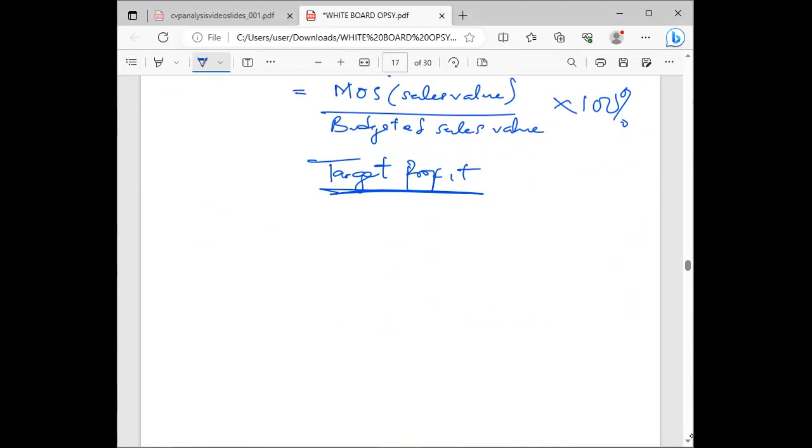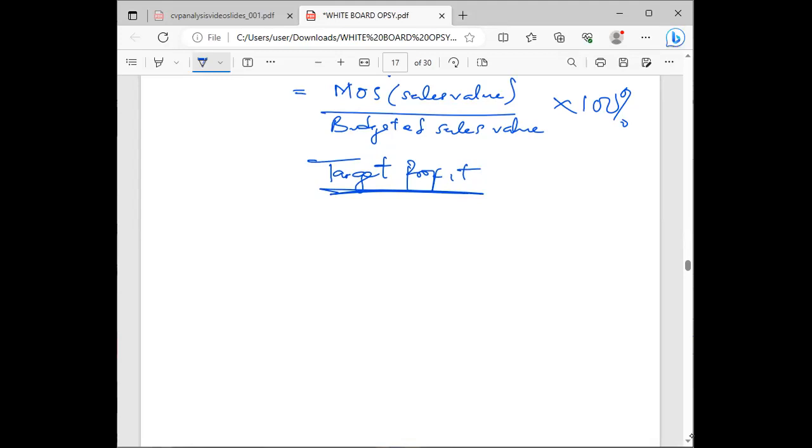For them to make profits in a financial year, they will usually have a budget. It's only an unserious organization that does not have a budget. So every organization must make a budget that will serve as a guide to the objective of making that target profit.